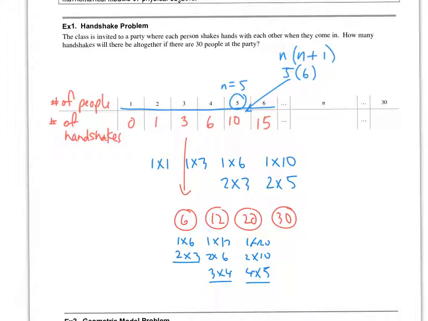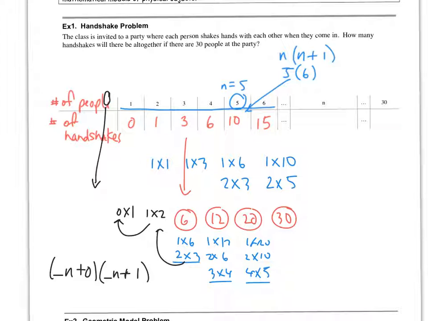So I know that I have this: blank n plus blank, and blank n plus blank. So you guys are going back to here, and you're writing 1 times 2. And then you're going back to here, and you're writing 0 times 1, filling in 0 and 1. Is that correct? No. If there's 0 people, that's what I need.